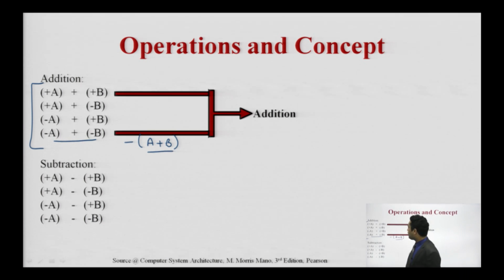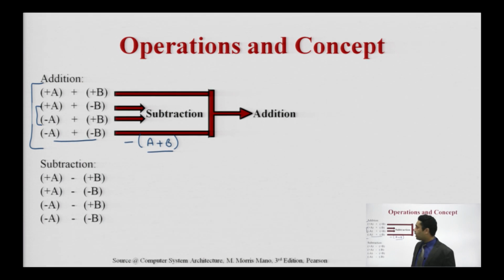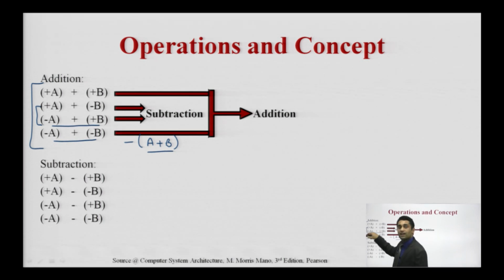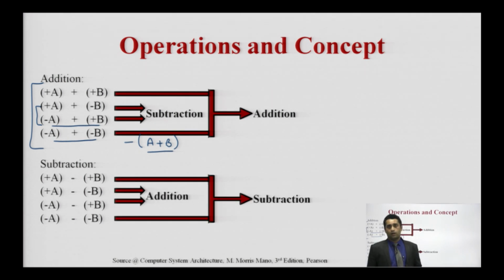And these two are subtraction, because we are talking about A minus B. In this case, we are talking about B minus A, which means A minus A plus B is a subtraction operation. Similarly, when we are talking about subtraction, it itself contains the addition part. So this is important: it is not always true that when we talk about addition we actually perform the addition. No, it is not true.